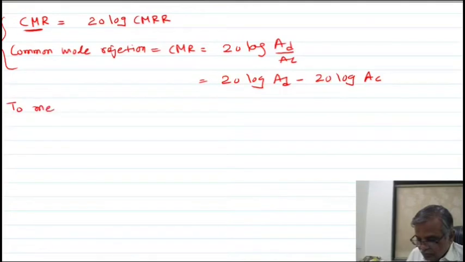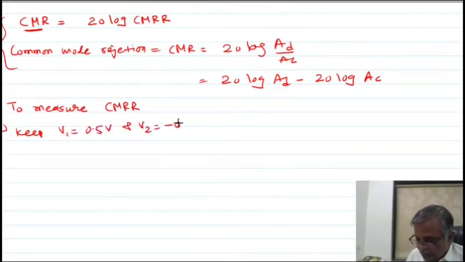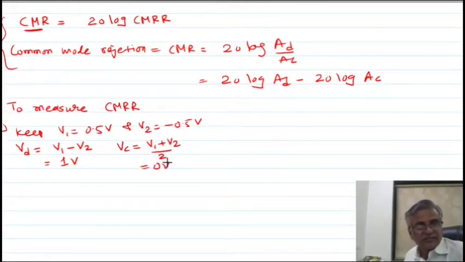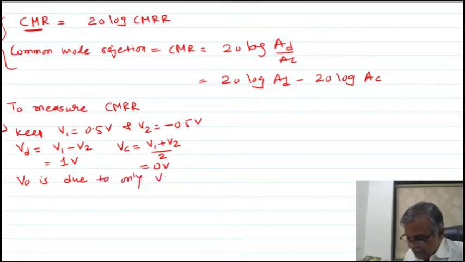To measure CMRR, first keep V1 equal to 0.5 and V2 equal to minus 0.5. So your differential voltage V1 minus V2 is 1 volt, and your common mode voltage, V1 plus V2 by 2, is 0 volt. Means the output is due to only VD.